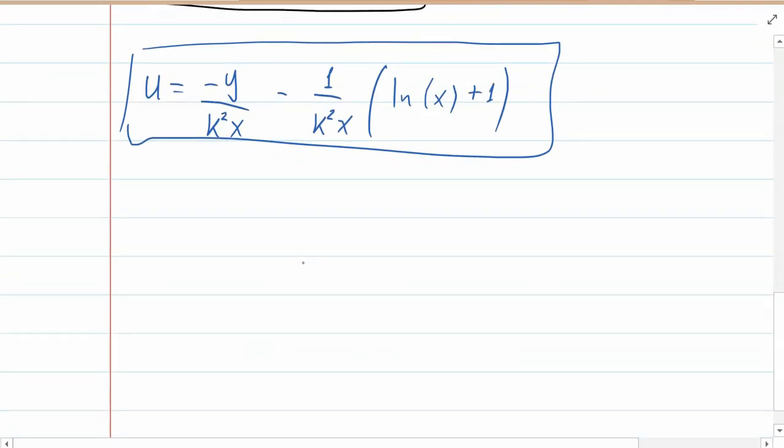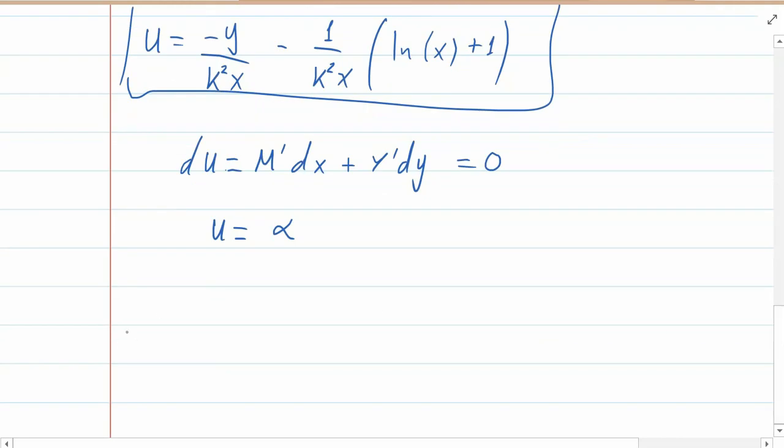Now what we started with, though, the first equation was the u is equal to, well, the transform equation after multiplying by the integrating factor, M dx plus N dy. This was equal to 0. Okay, so if the du is equal to 0, then that means the u is equal to a constant.